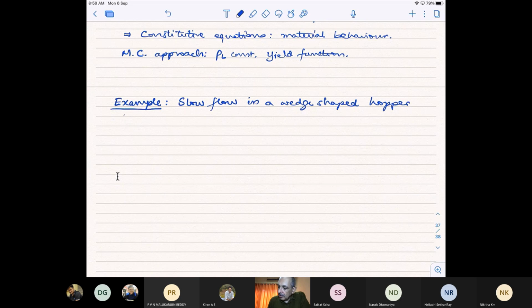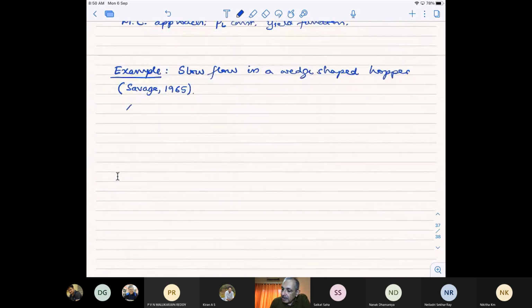And this has actually been solved by one of the very famous people in granular mechanics called Stuart Savage. He did this in 1965. And so what are the assumptions that he made? Okay, first of all, let me draw the system.